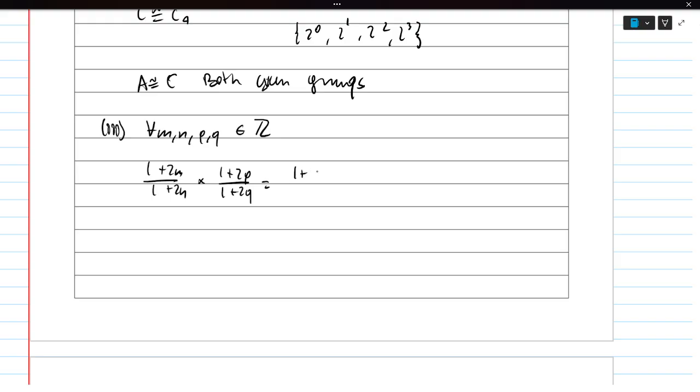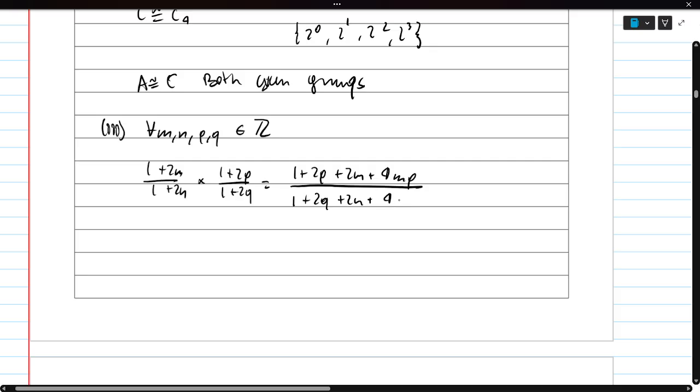This is 1 plus 2P, 2M, 4MP over 1 plus 2Q plus 2N plus 4QN. Now, I need to write this in the form.